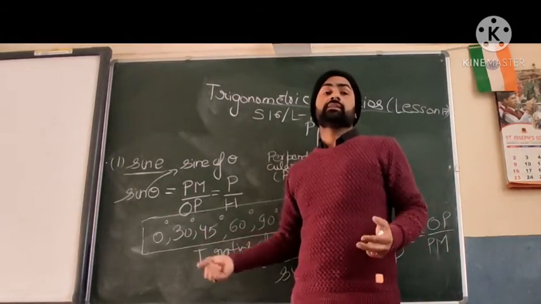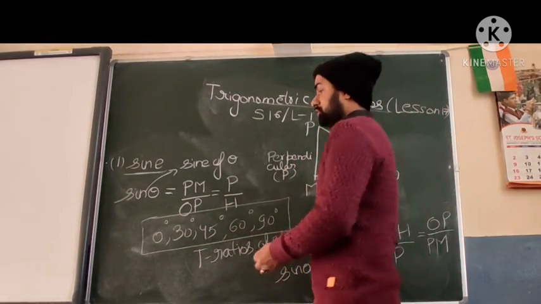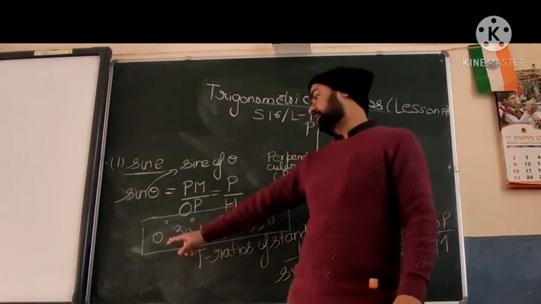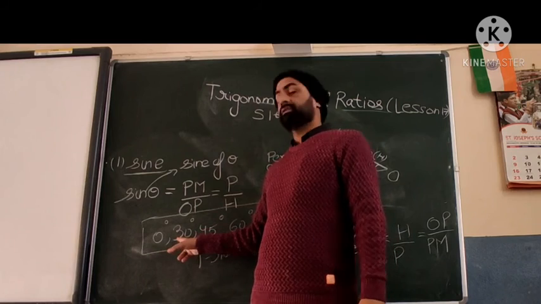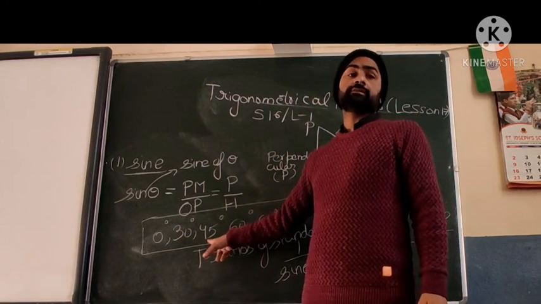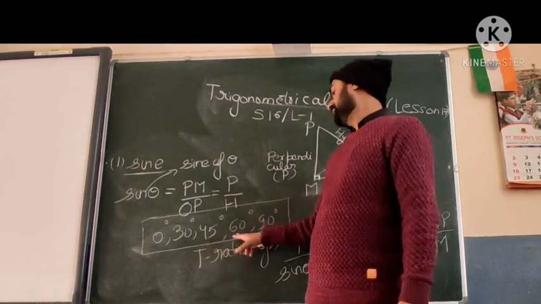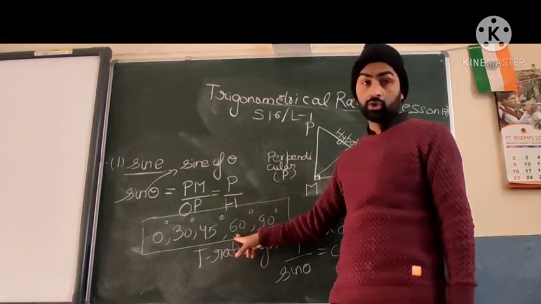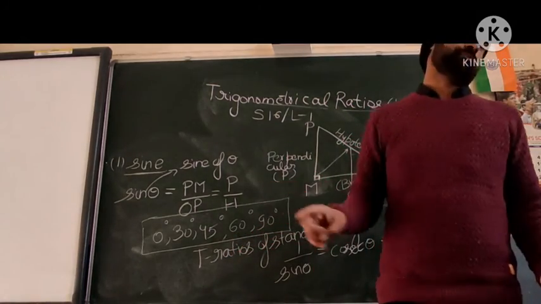Opposite of sine, the values are of what? The cos. So cos 0 is 1, and the reverse way will go. Again, cos 0 is 1, cos 30 is root 3 by 2, then cos 45 is 1 by root 2, then cos 60 is 1 by 2, and cos 90 is 0.